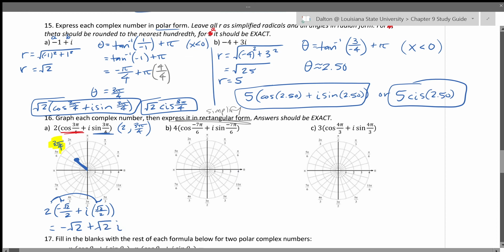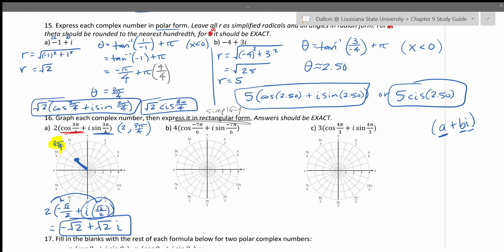And even though I started with i in the front of this number, remember, if I ask you for your answer in rectangular form, we talked about this on the other page, it has to be a plus bi. So you want a and b to be distinct from i. You want this in this exact form, a plus whatever number b, and then i should be at the very, very end.